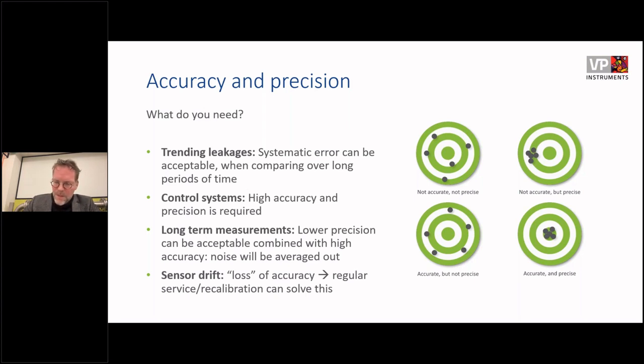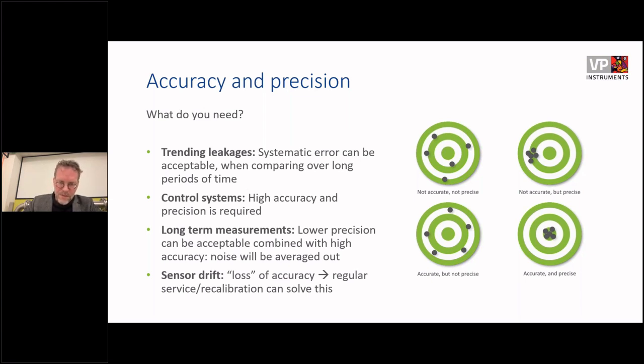So I just want to repeat what it really stands for. Accuracy is how close a measured value is to the true value, so to the true physical value. Like if you have a 100-pound bag, it should really show 100 pounds on your weigh scale and not like 90 pounds. Precision is how close measured values are to each other.